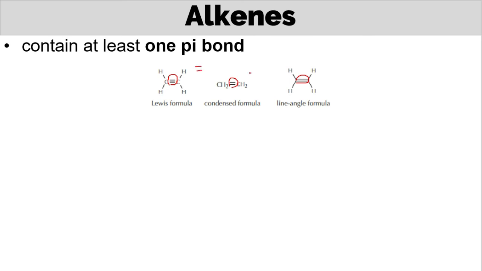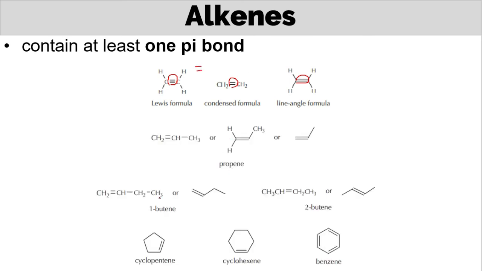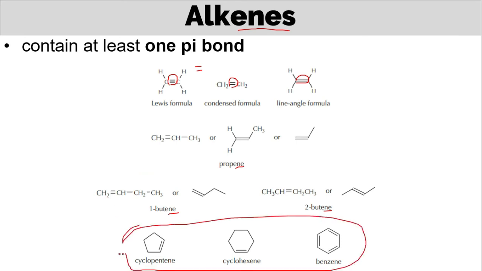So let's have more examples. We have propene, 1-butene, 2-butene, cyclopentene, cyclohexene, and benzene. If you notice, alkenes end in the suffix "-ene." We will study more of this when we go to nomenclature. These compounds are called cyclic structures.